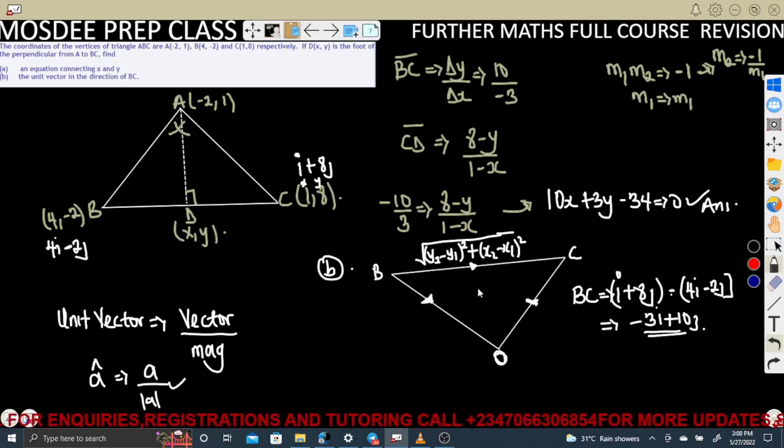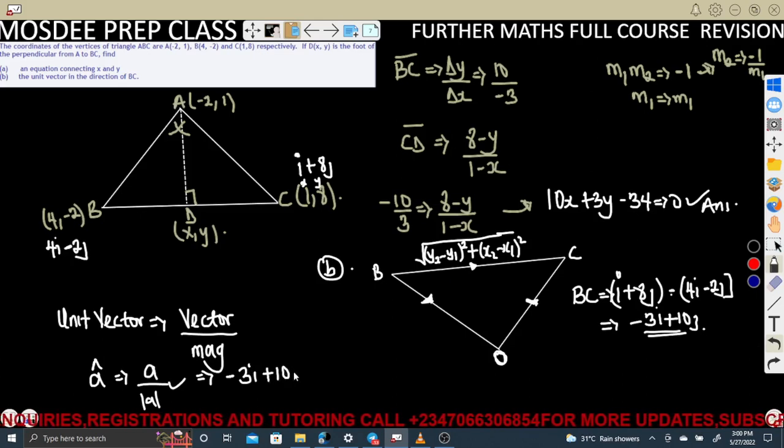So if I take the magnitude of these, I don't think I should have any problem. I told you the unit vector is the vector itself over its magnitude. So the vector is what I have done here, which is negative 3i plus 10j, over the magnitude of the vector. Teachers should lay more emphasis on that too.